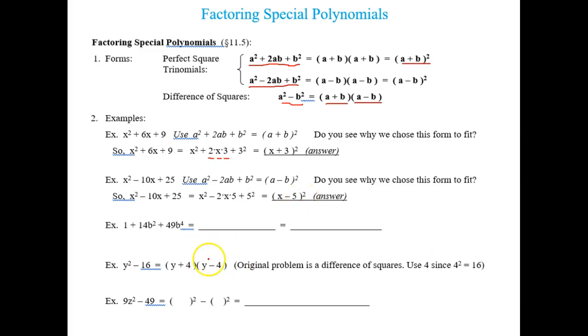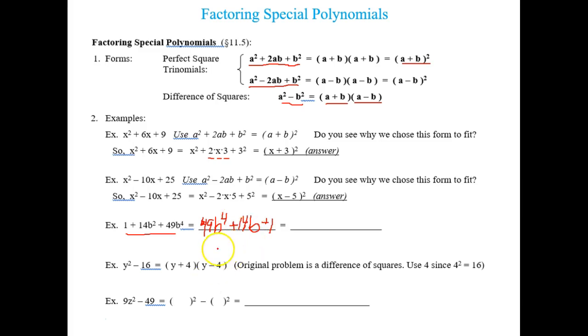All right. In the next example, it's kind of out of order. I would take this polynomial and rewrite it in the proper order. Make it 49b to the fourth, so put that term first, and then plus 14b, and then plus 1. So I would put it into descending order, but you don't have to.